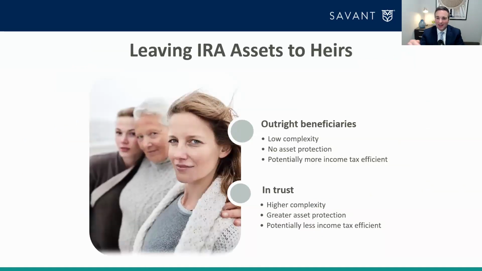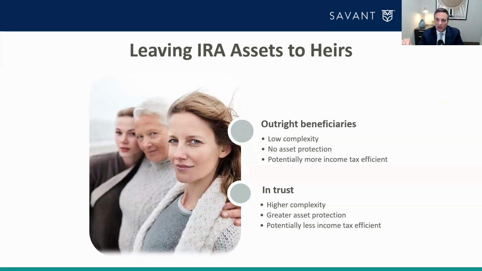And then we've got to tie it back to the IRA concept, Mike, right? As I was saying earlier, when we showed that continuum of different options that you have when it comes to naming beneficiaries and the deferral implications of the beneficiary status, you're going to be faced with a decision: what do I do with my own IRA assets as far as beneficiary designations go, and what do I do with the IRA assets that I've inherited?